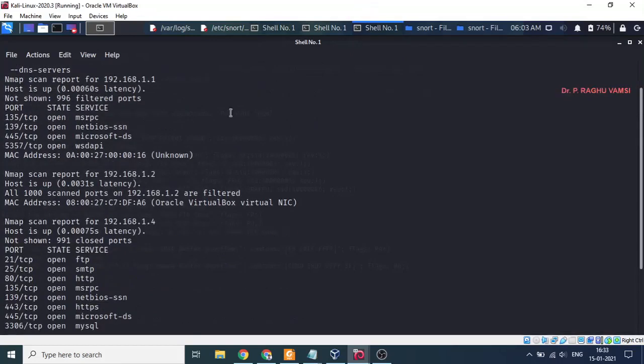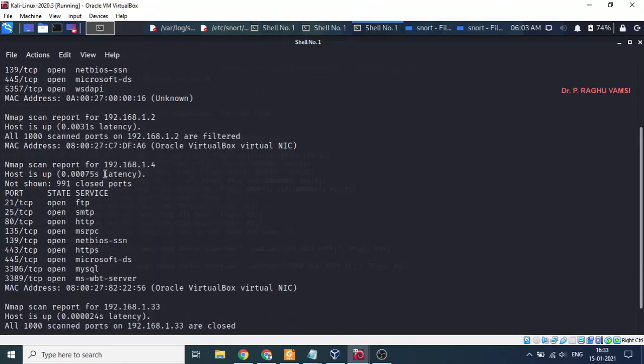So here it is testing for the Windows XP operating system.